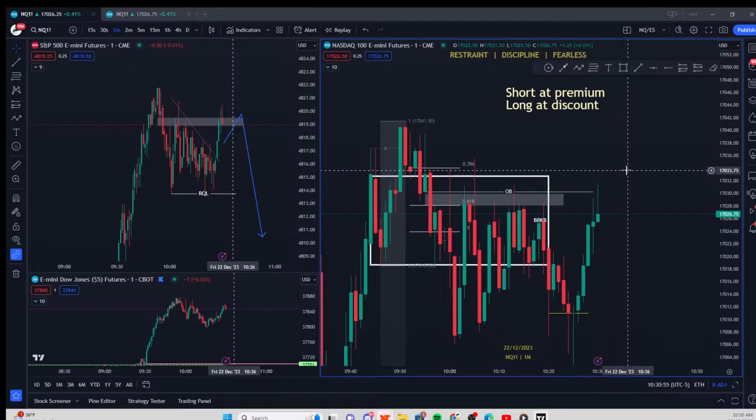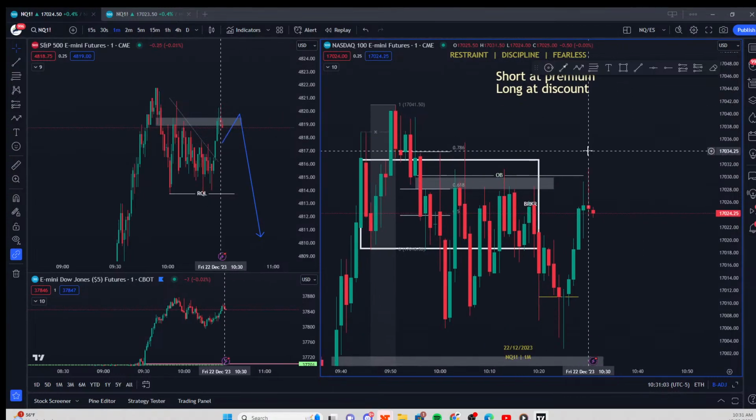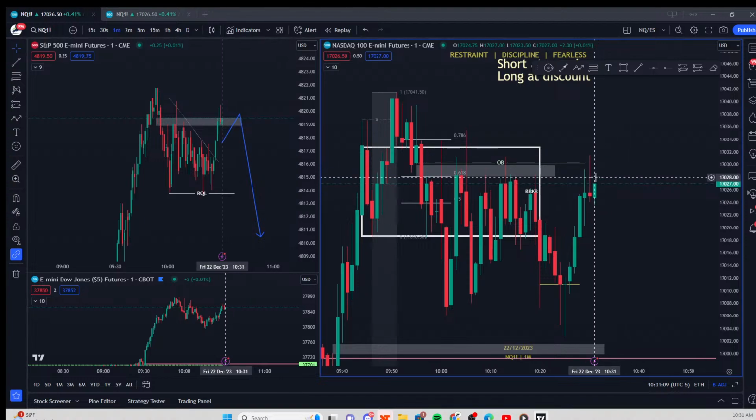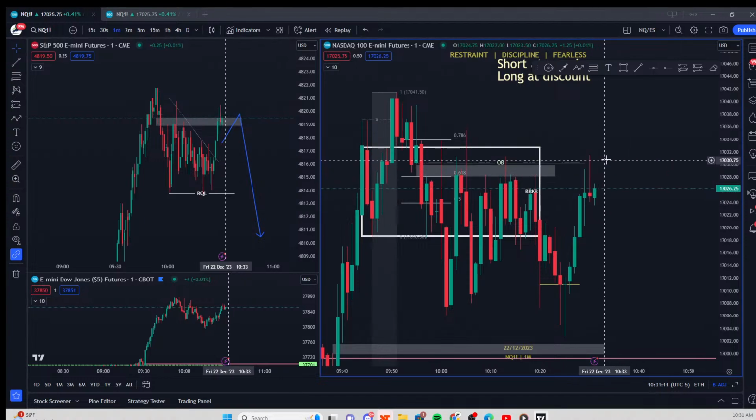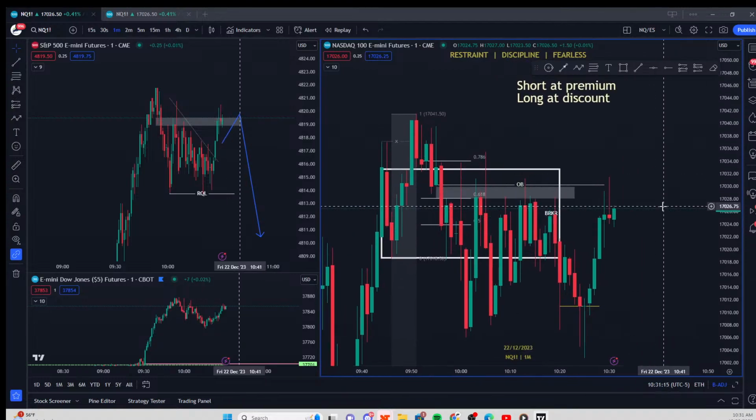Looking for this to reject here. It's a reused setup, but I'm playing with the bias, and this is looking for more downside here. Same thing here, see the wick, if we close above 30, everything's violated, and I can just see it take out the high pretty easily.